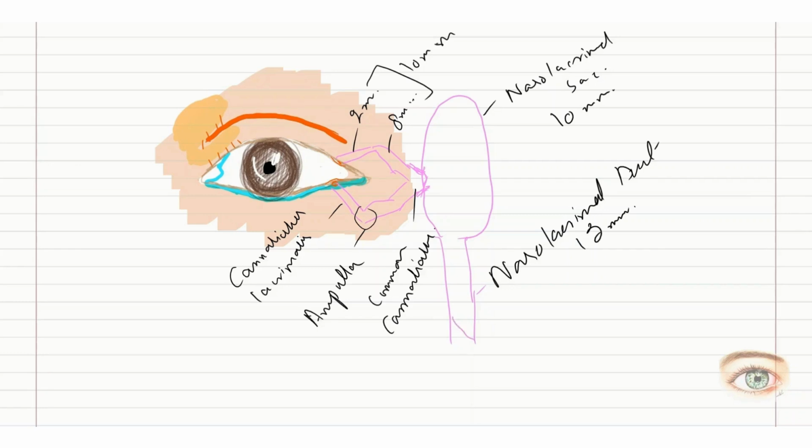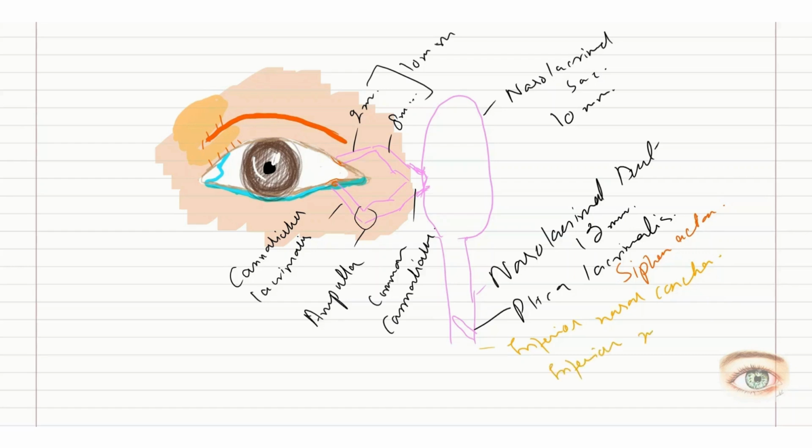We have a small flap at the end of the nasolacrimal duct, which is called the valve of Hasner, or plica lacrimalis, and it prevents tears from going back into the nasolacrimal duct during siphon action, which is blowing at the nose, right? Now, this nasolacrimal duct is present in the inferior nasal concha, and the tears will drain into the inferior meatus.